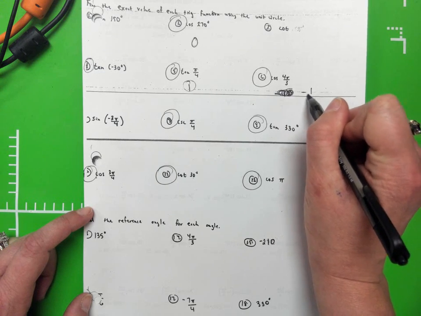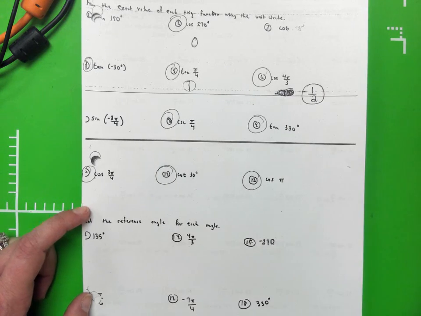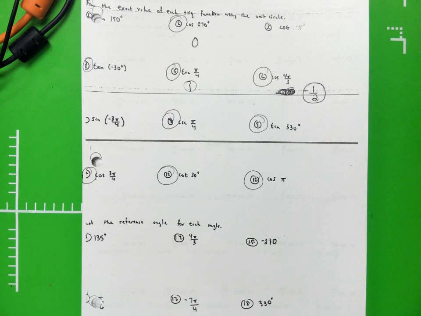That should be negative 1/2. Make sure you do the pi over 3 and not the pi over 4. Pi over 3 is your reference angle to get the 1/2. And then 4 pi over 3 is in the third quadrant, which means it's negative.